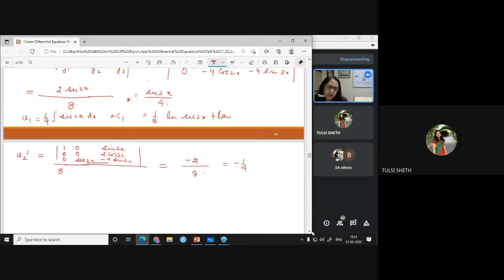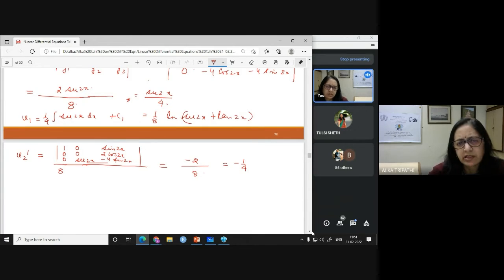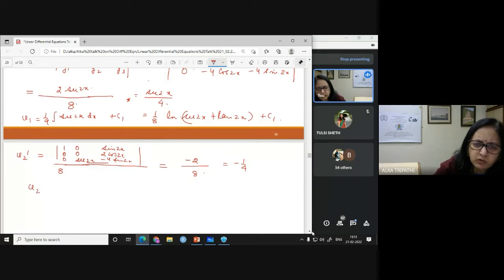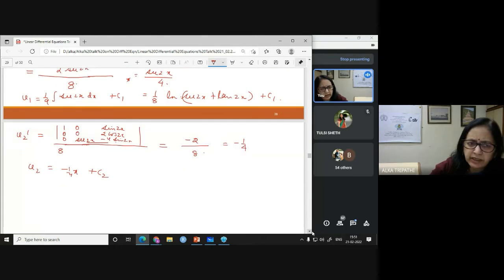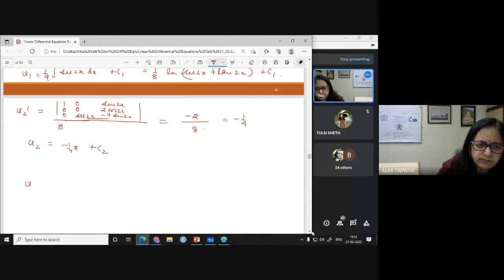Yes, this is the normal integration of sec x. Similarly, v2 will be equal to minus 1 by 4 x plus c2. And again, v3 will follow the same process. You will get the value of v3.